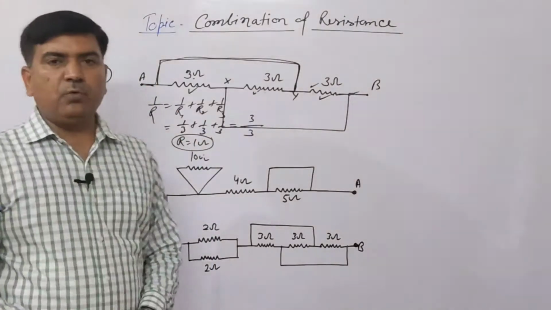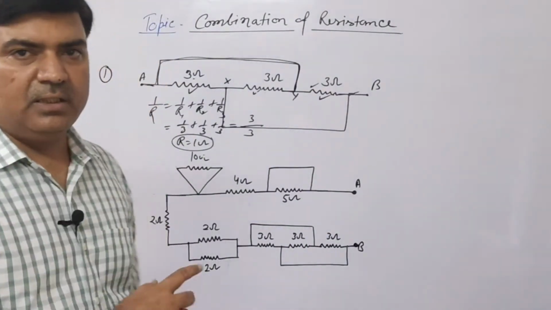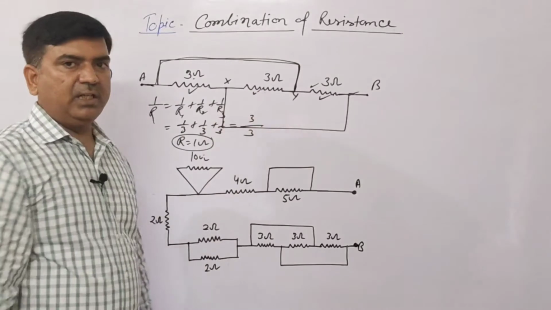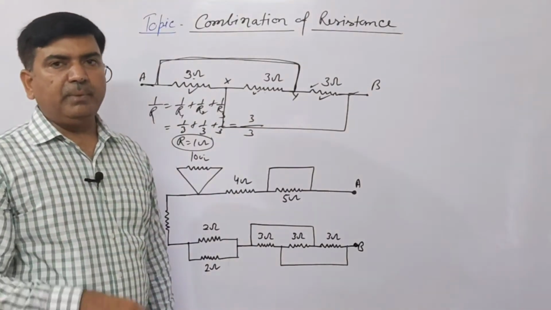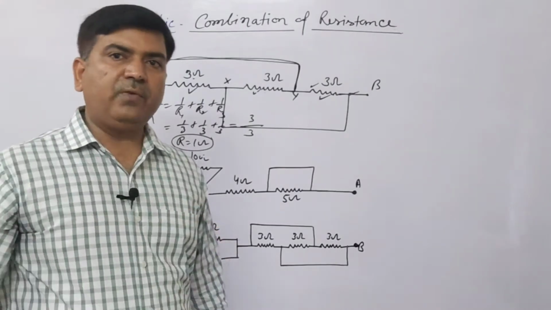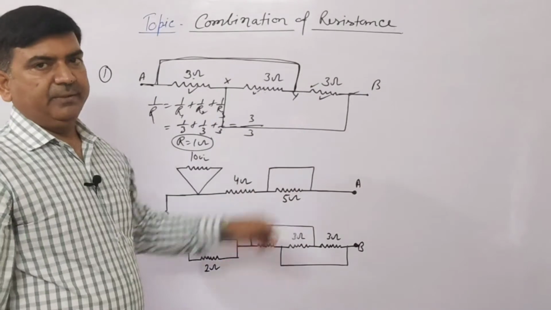In this way we find the answer, the equivalent resistance across points A and B, as all the resistances are joined in parallel. In the place of 3 ohm, if 4 ohm is given, the procedure is the same; find the equivalent resistance between points A and B.